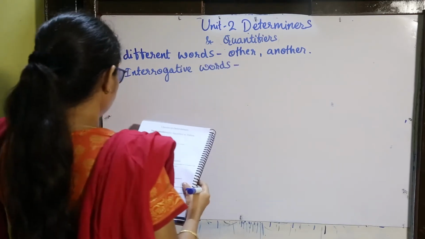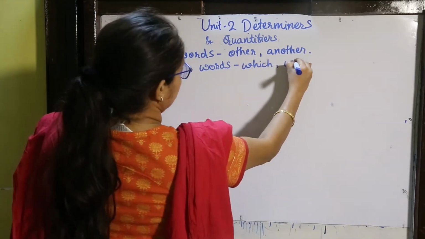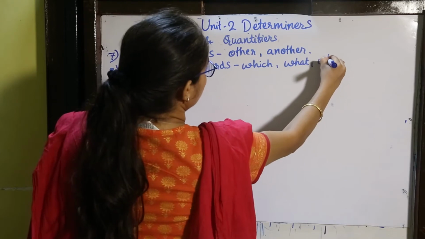Example: which, what, who. These are the interrogative words.